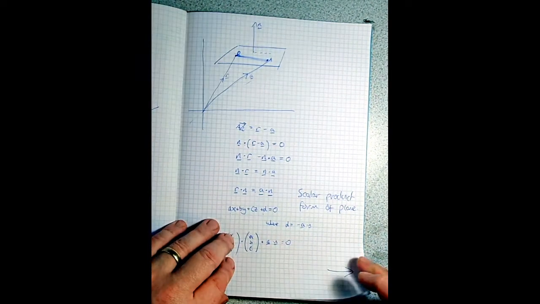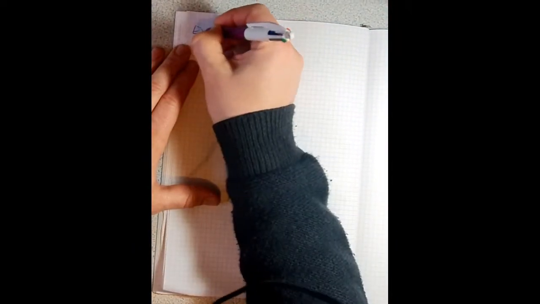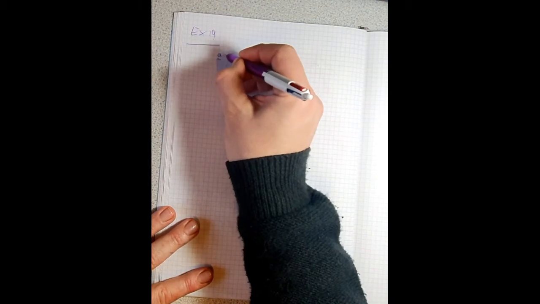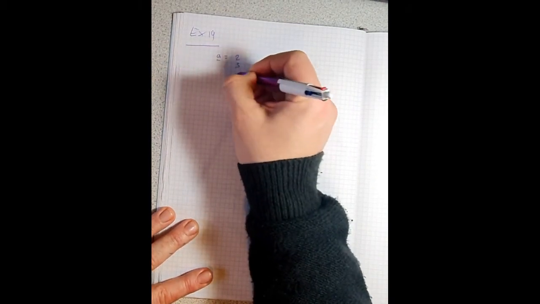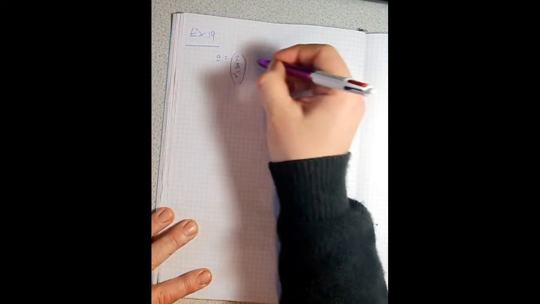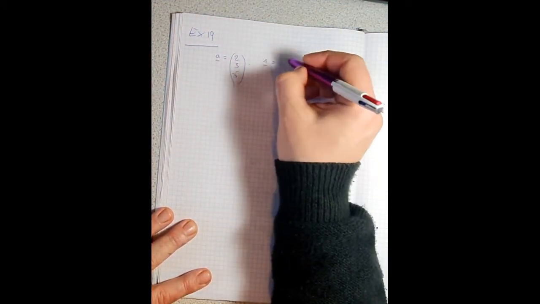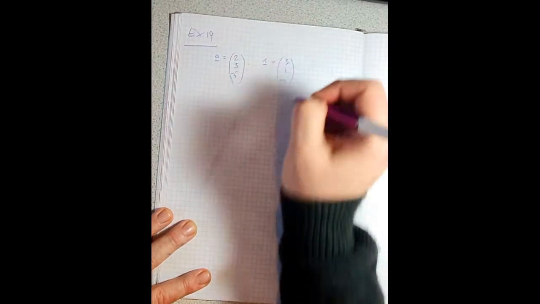So, example 19. So I've got a point. A is 2, 3, 5. No, sorry, minus 5. N is 3, 1, minus 1.